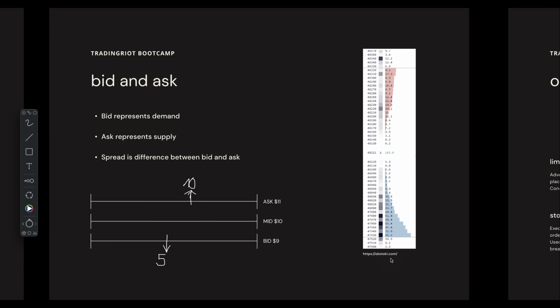Here on the right side you can see a simple order book, which is from the Okotoki website. It's for Bitcoin trading, and you will see names like order book or the DOM, which is depth of market, and they are essentially the same thing.